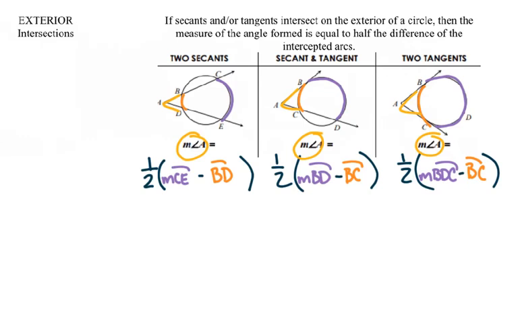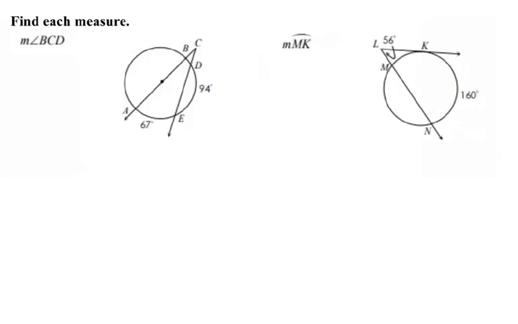Okay, so let's do some problems. Okay, so we want to find the measure of BCD, which is that little angle outside. And we're going to do the big arc minus the little. So it's going to take a little bit of math for us to get this, because it doesn't actually tell us what this orange arc is. But we know that 67, 94, and the orange arc are making a semicircle.